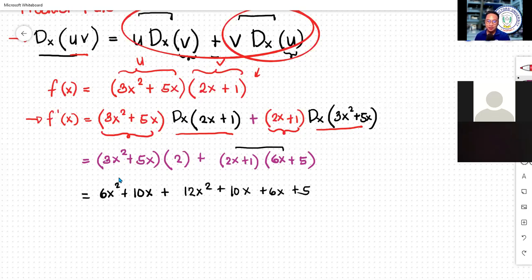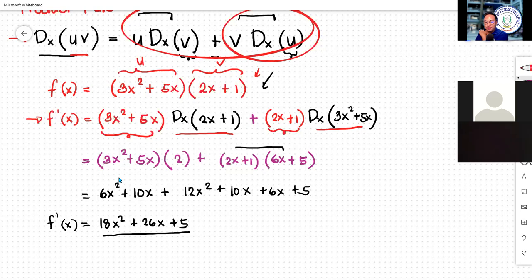And then combine the terms that you can combine. So here, we have, what is 6x squared plus 12? It's 18x squared. 10x plus 10x plus 6x, that's going to be 26x, no more other constants. So you have 5. In other words, the derivative or the first derivative of this function here, guys, is 18x squared plus 26x plus 5.